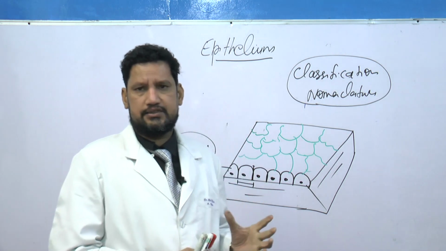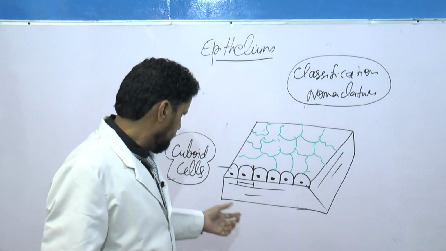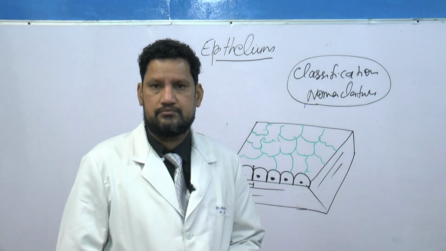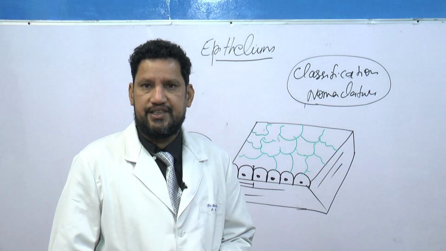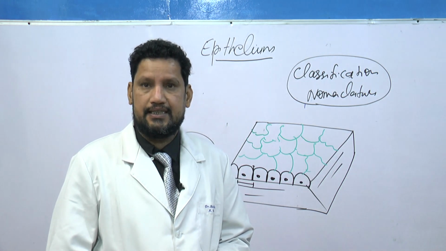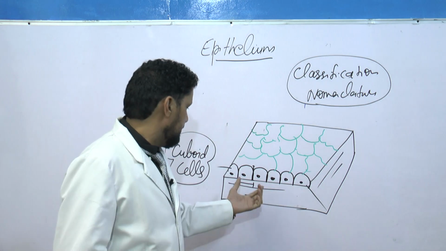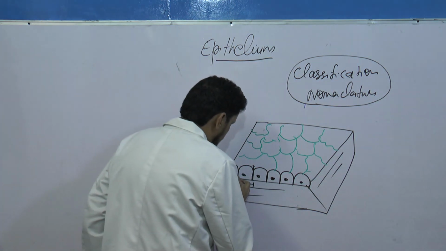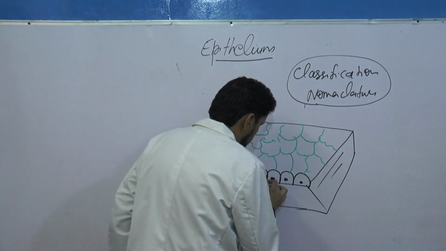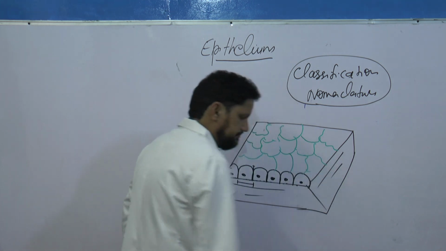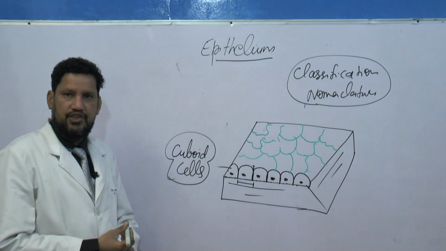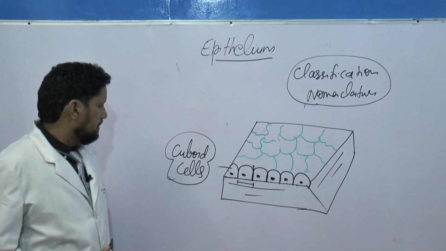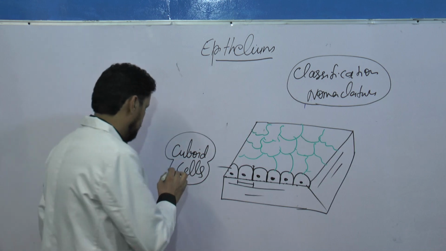These cuboidal cells are mainly seen in the ducts of the glands, and when these cells are arranged in a single layer, these are known as simple cuboidal epithelium.